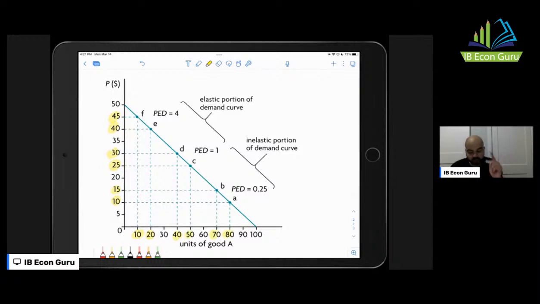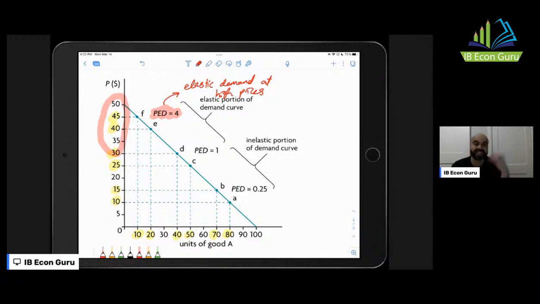I'm not going to do that, but the point is, at high prices, so the range of prices where the product is expensive, demand will be more elastic. So elastic demand at high prices. Why? Because when a product is expensive, it takes up a bigger proportion of consumer income.